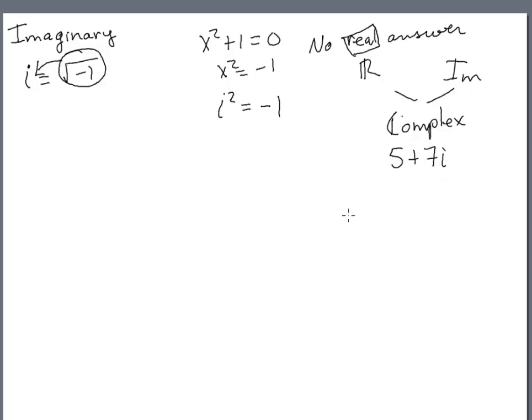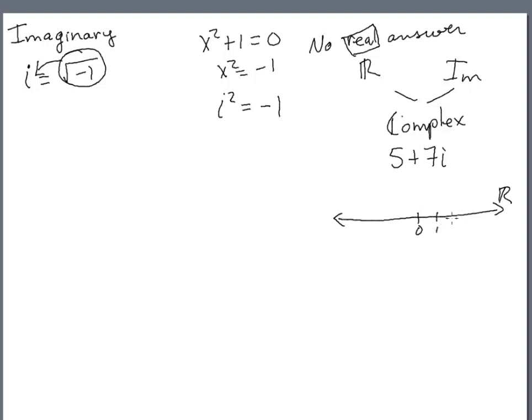And just to give you a hint of where these guys are, if this is the real number line, okay, here's 0, here's all the positive ones, here's all the negative ones, i is not anywhere on this line.